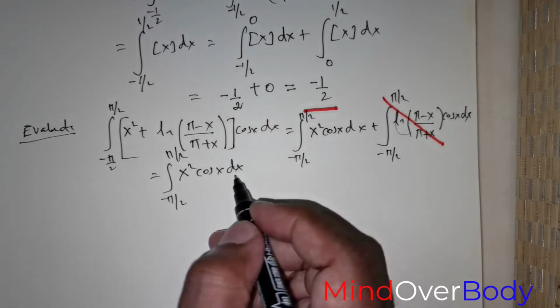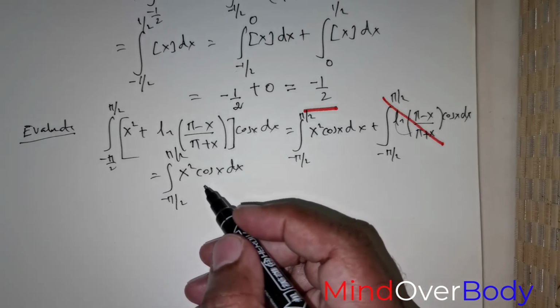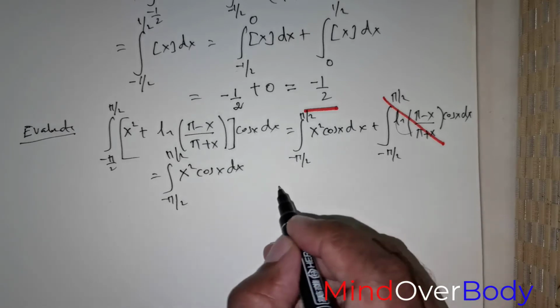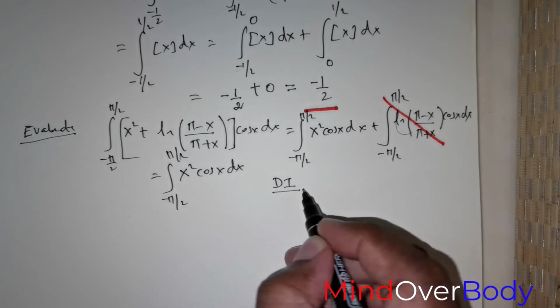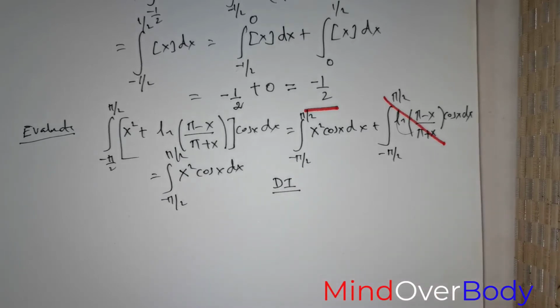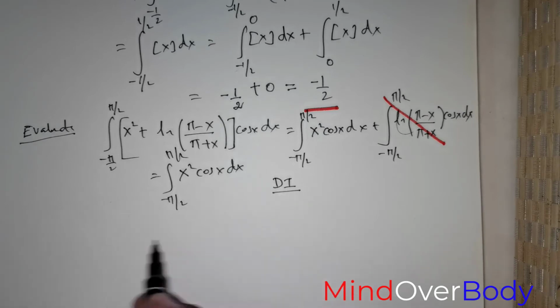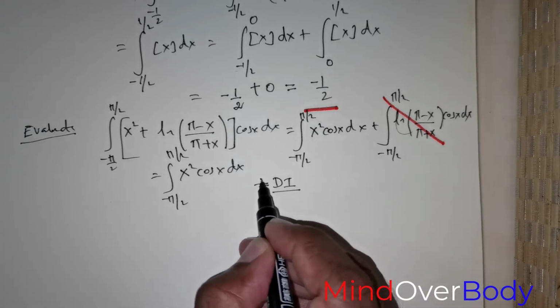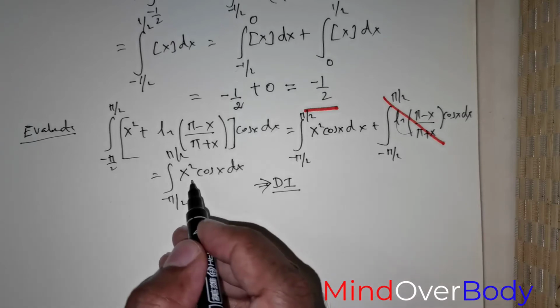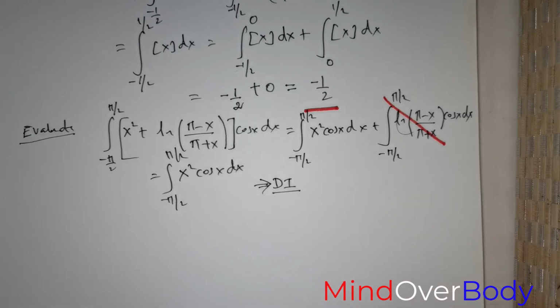Now we can perform integration by parts, or we can use this DI method which I have just mentioned in the lecture on indefinite integrals under integration by parts. Now I'm going to demonstrate that method and solve this, and let's see how it is done.